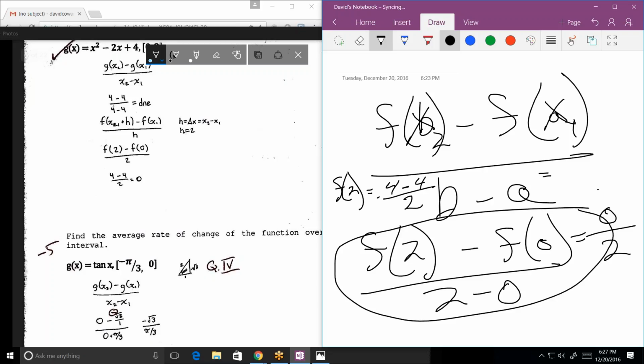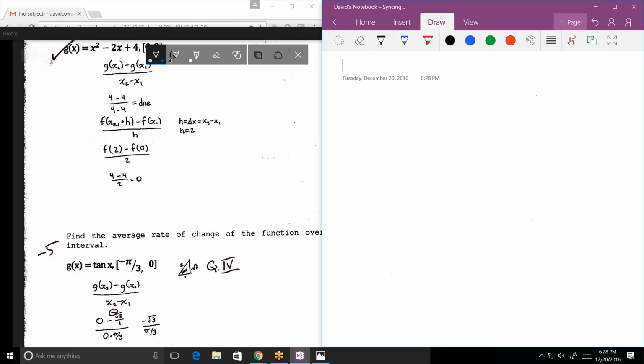What's the slope of that line between those 2 points? What's that number? 0. Yeah, and you've got it written down here at the very bottom. It's 4 minus 4 all over 2, which is 0. Well, you might say, how can it be 0? Well, think of what we're looking at.